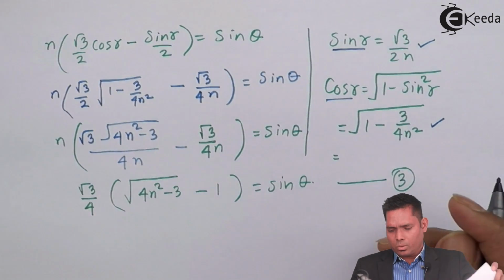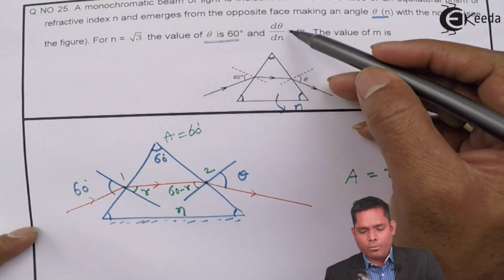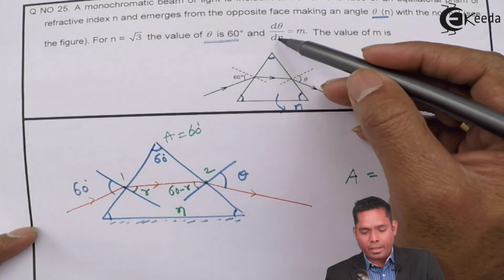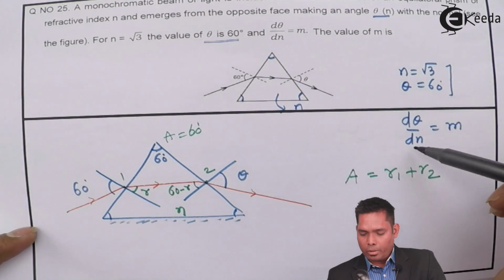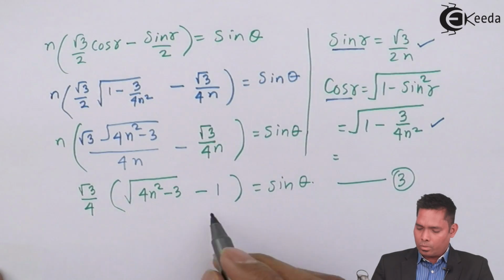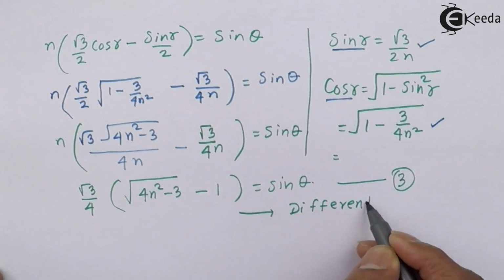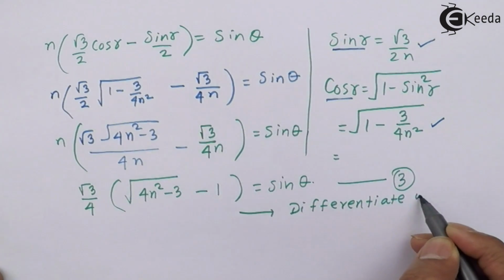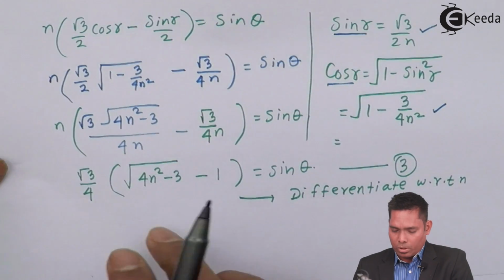What is the question? The question is to find the derivative of this theta with respect to n and then substitute the value of n and theta. So we have to differentiate that equation with respect to n. This is the expression, you remember.